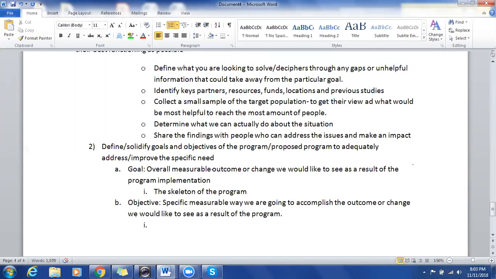And when we look at this, it's basically the skin of the program, because the goal is what our overall thing is, aka the structure we'd like to meet, and the objective is how we're actually going to hold it all together.